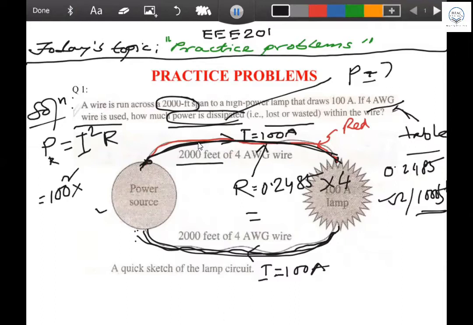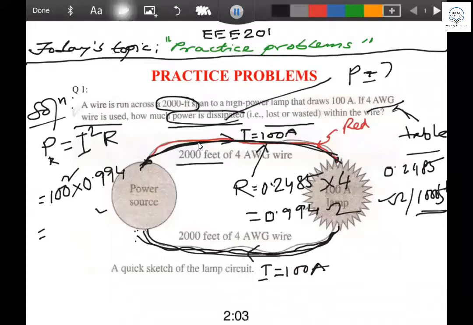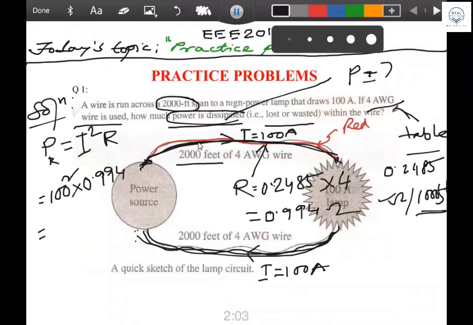If you multiply 0.2485 by 4, can anybody tell me voluntarily from your calculator what the value will be? 0.994. Good, so this is the resistance you are getting. Write 0.994 here. If you multiply it, what is the value coming? So 9940 watts.